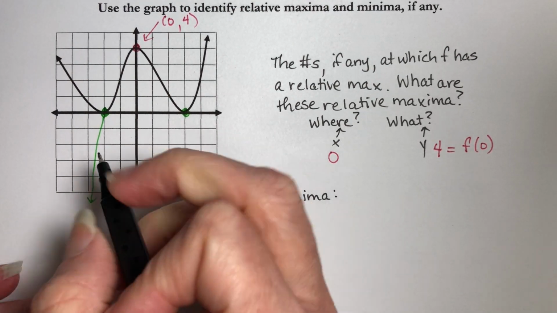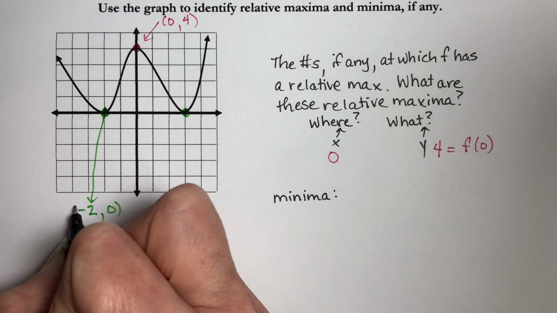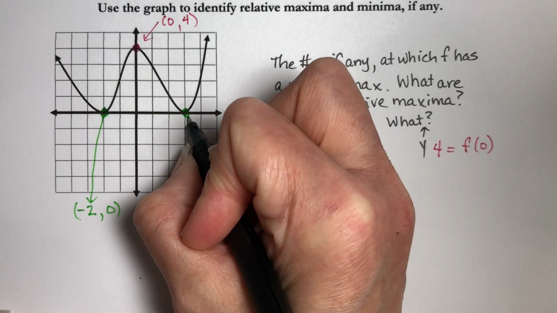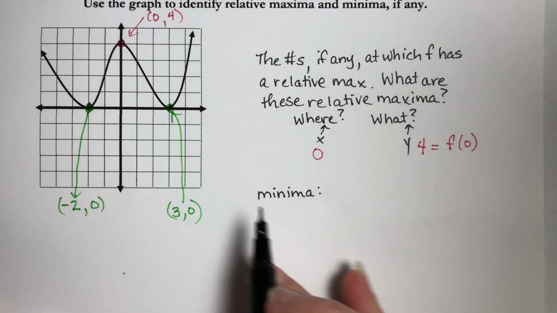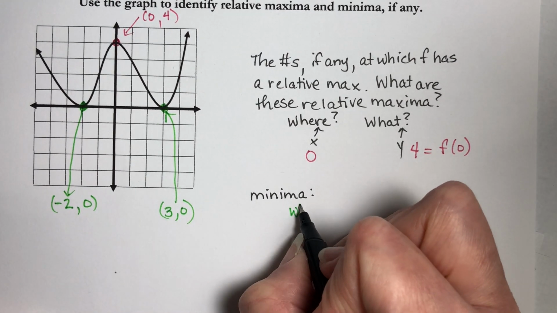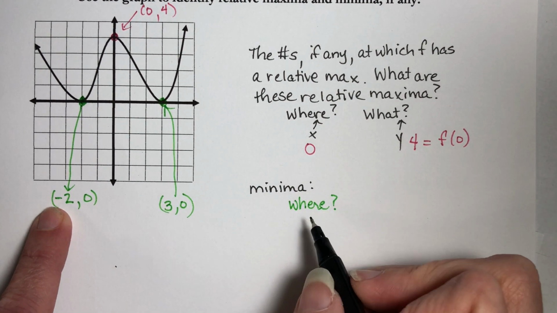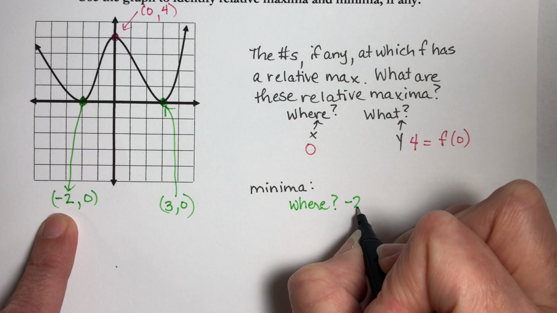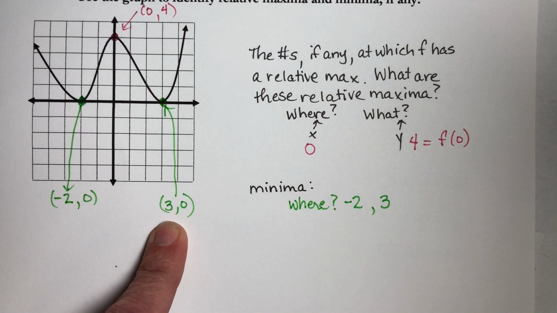This is the point (-2, 0), and this is the point (3, 0). So if we're asked where, I have a relative minima at -2, and I have one also at 3.